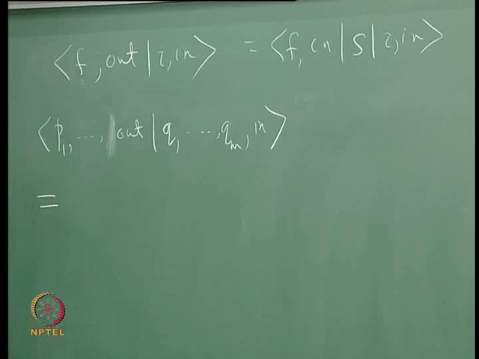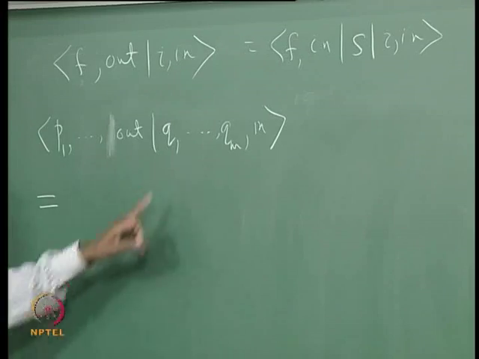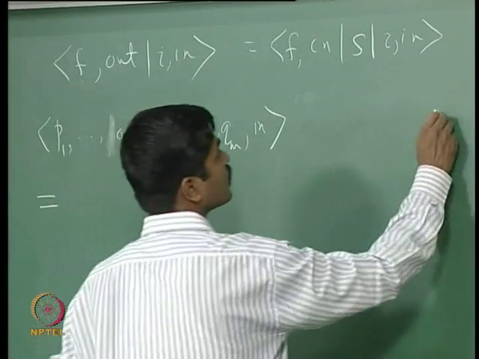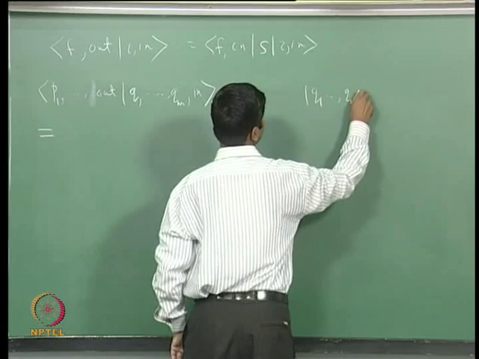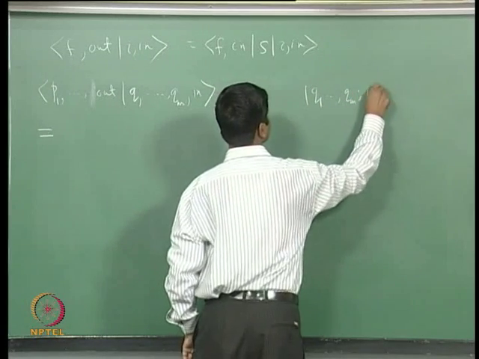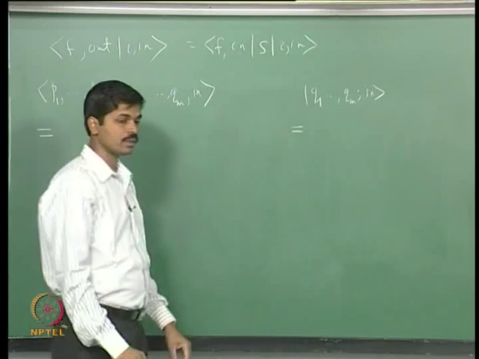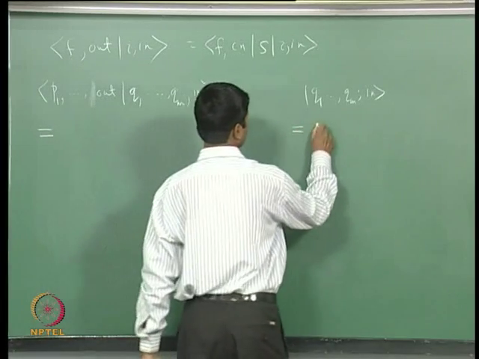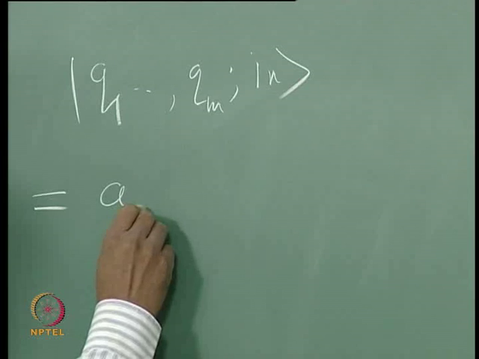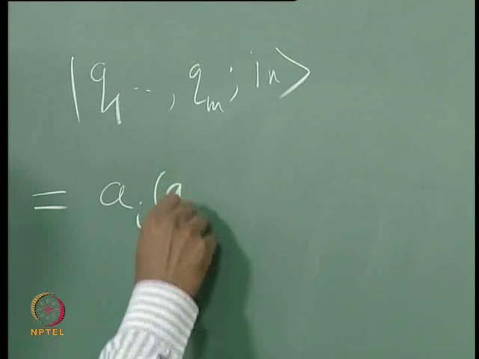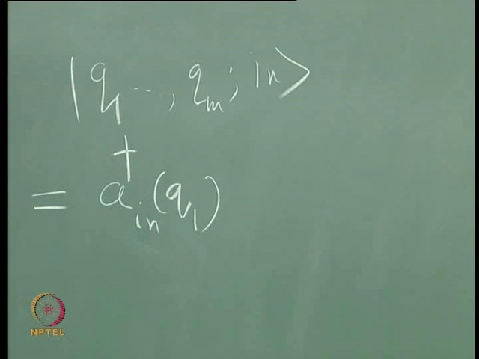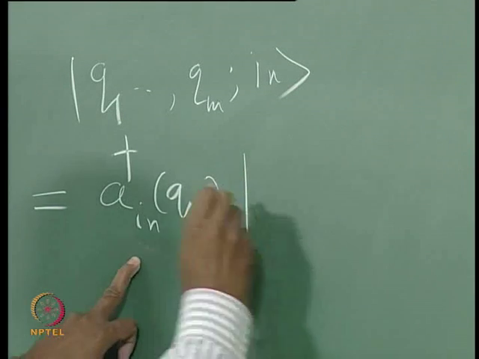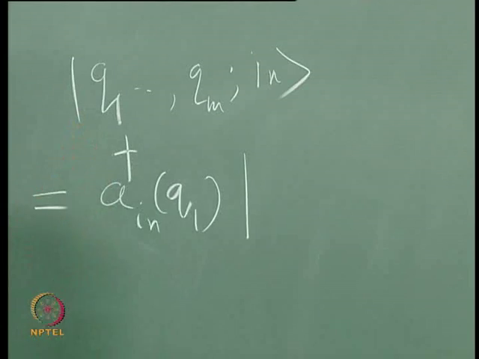So, let us start with this amplitude. Let us consider the state Q1 to Qm in. This can be written as a in Q1 dagger. This will create a one particle state of momentum Q1.